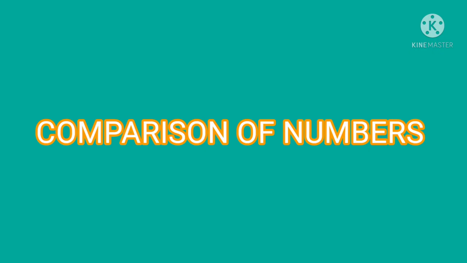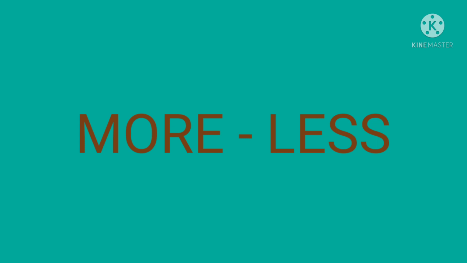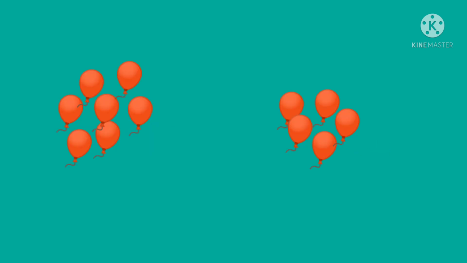Okay, let us learn to compare numbers. Before that, let us remember the pre-number concept more and less which we learned in the first chapter. I hope you remember that, children. Okay. Now here are two sets of balloons. Let us count the number of balloons in each set. 1, 2, 3, 4, 5, 6 and 7 balloons.